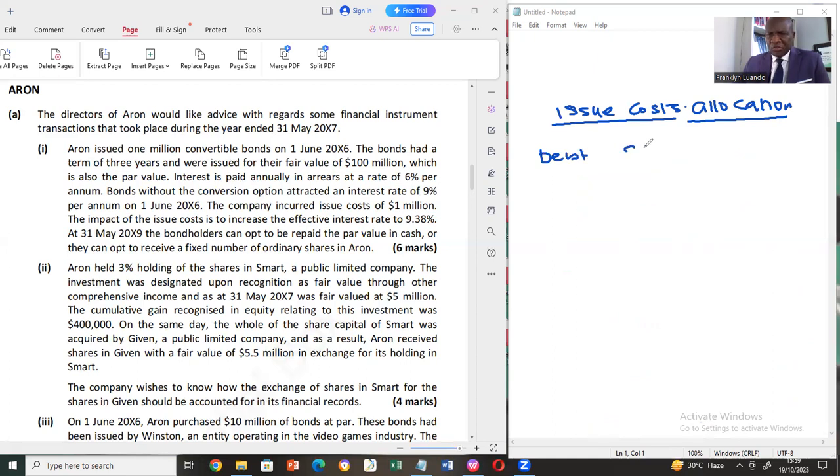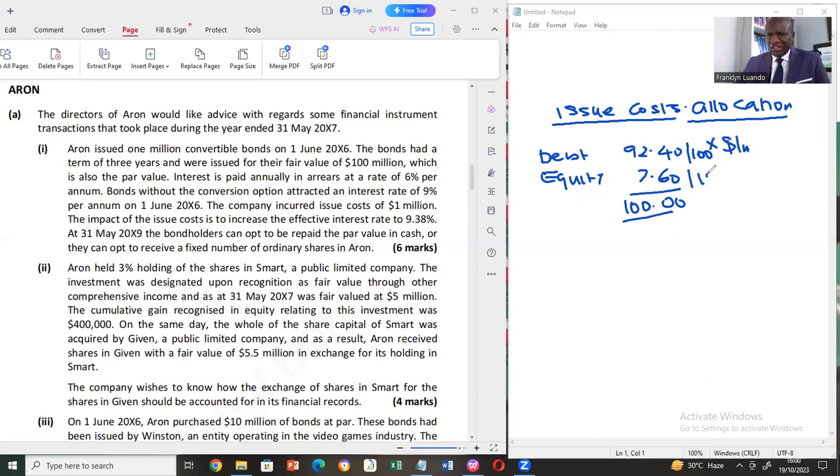Debt is 92.40. Equity, we have 7.60. Total 100. Allocation is proportionate to the total. So there it will be divided by 100, multiplied by 1 million.